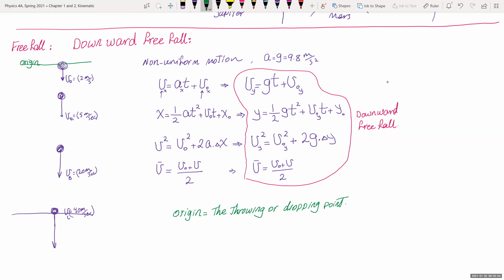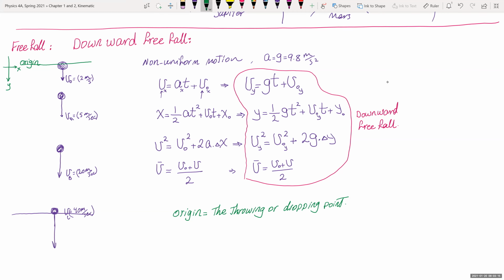We know this is the x and this is the y-axis at this time. So everything is positive.